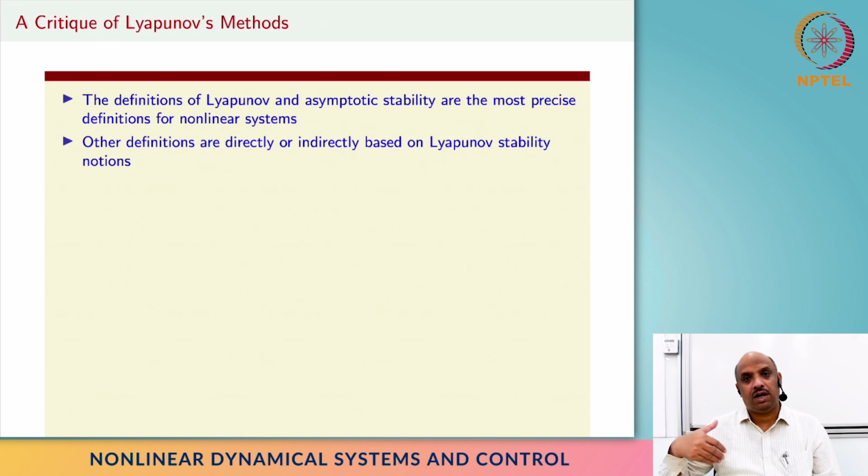One can also extend these definitions to include randomness, stochastic nature, and things like that. And you may have corresponding analogs in discrete time, hybrid systems, and so on and so forth. But all of them, in some sense, go back to this definition by Lyapunov. You don't have a choice but to accept that definition as gospel, right?